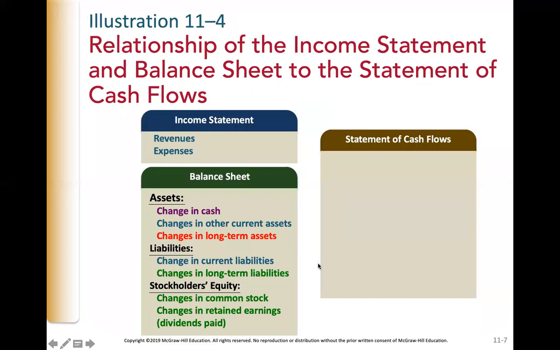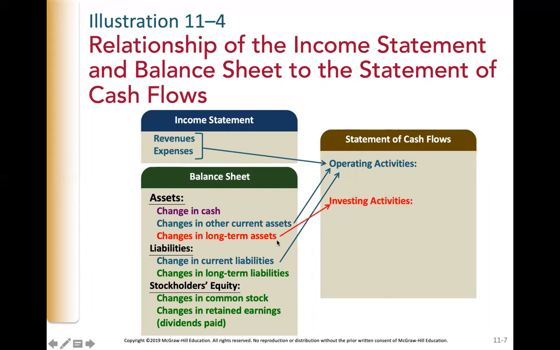This is a great illustration to demonstrate the relationship of the income statement and balance sheet to the statement of cash flows. Everything that is blue is considered an operating activity: your revenues, your expenses, changes in current assets, and changes in current liabilities. All of those will be reflected in your operating activities section.